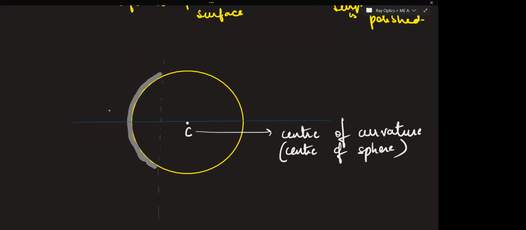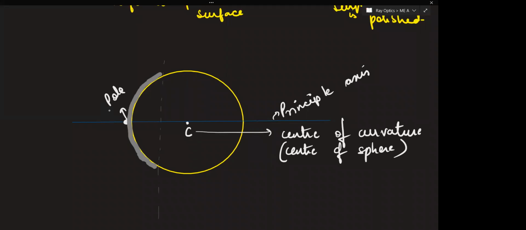We call this the principal axis. So it's basically the diameter. It passes through the center of curvature of the mirror. The point where the mirror and the principal axis meet, this point, is known as the pole.